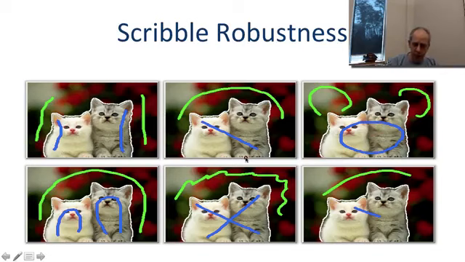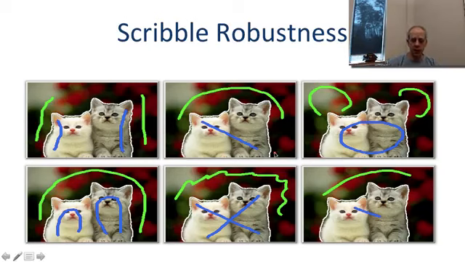We have the same image and very different foreground scribbles, the blues, and very different background scribbles, the greens, and we see that the results are the same. You see the boundary between foreground and background being basically identical in all the images. So we want the user to be very friendly with the images and the algorithm not to ask too much of the user.